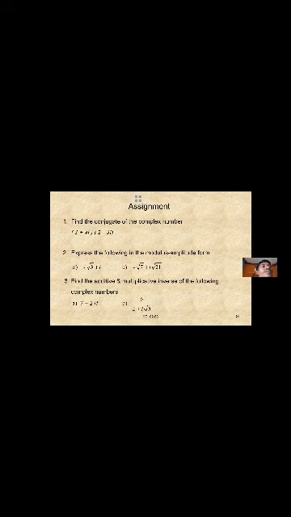The assignment questions are available in the textbook also. In the textbook, exercise problems are given, so from the textbook also you can do exercise problems.